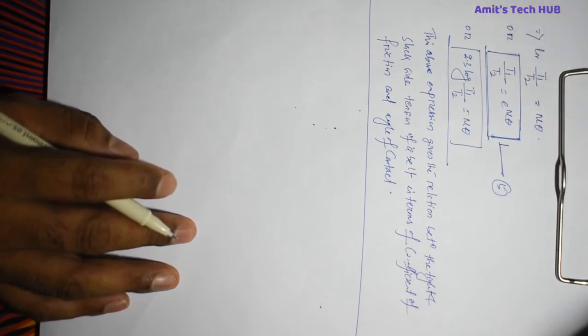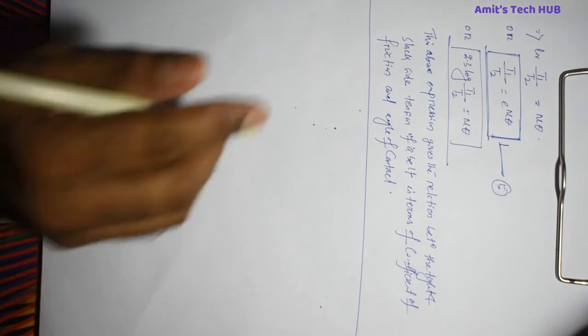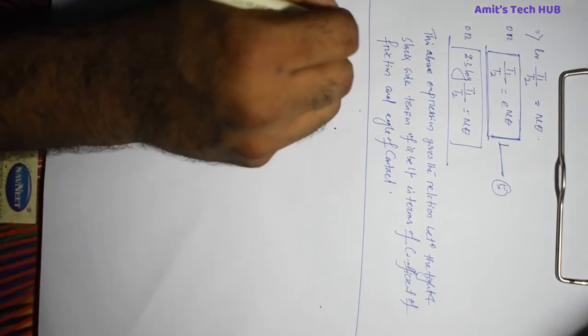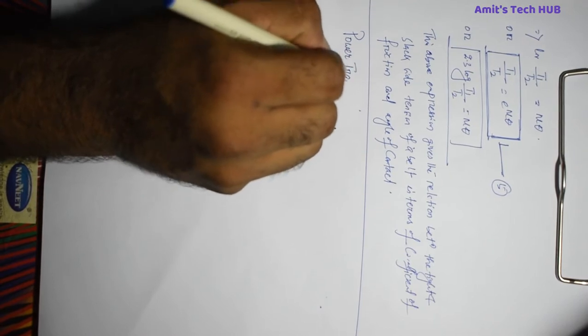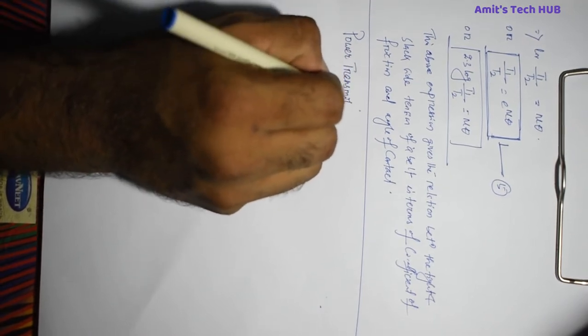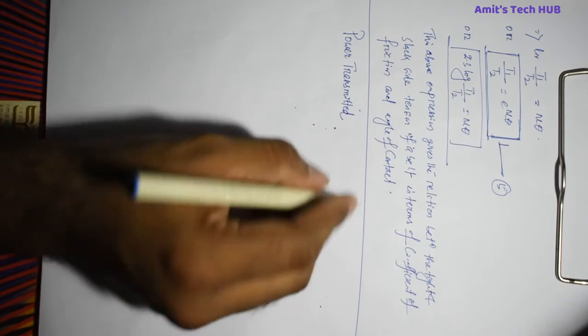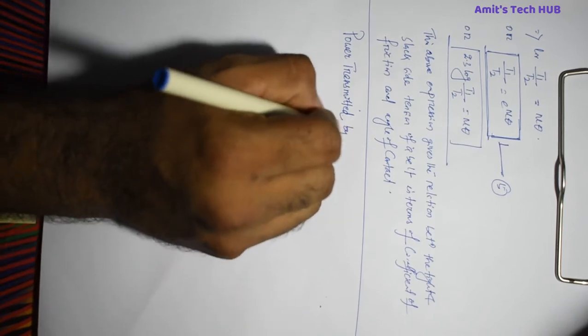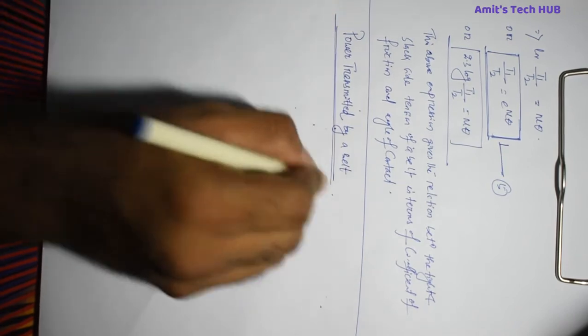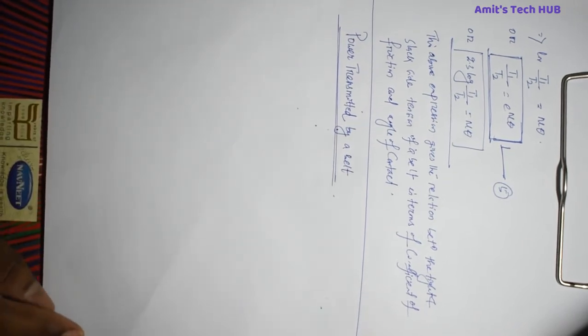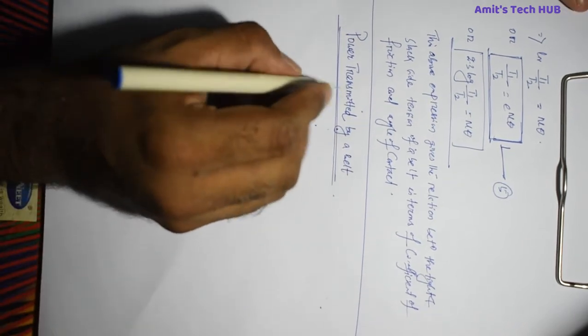So next is the topic that we are going to discuss: what is the power transmitted by a belt drive? Power transmitted by a belt. Okay, so it is very simple.